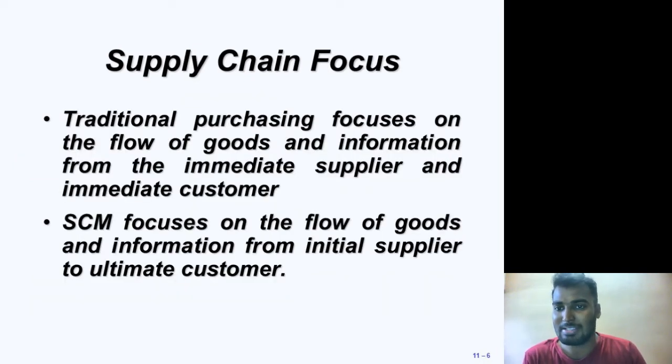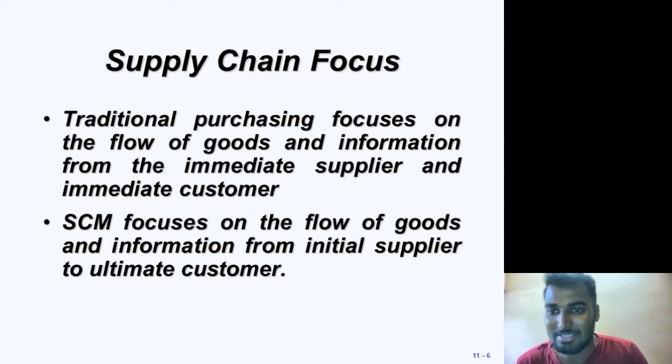And what does the supply chain focus on? It is very simple: the supply chain focuses on the flow of goods and information from the initial supplier to the ultimate customer, whereas in between we have the immediate customer.